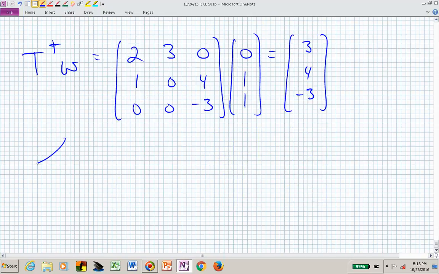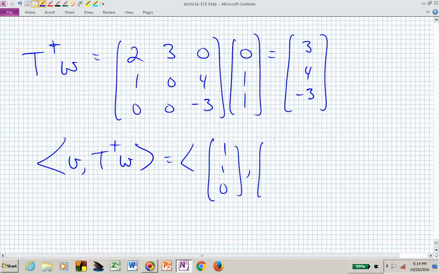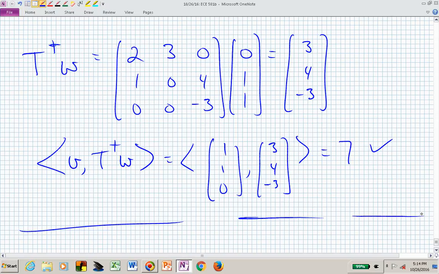And I now want to take the inner product of V with T dagger W, or I'm now taking V, which was 1, 1, 0, inner product with 3, 4, minus 3, and what do I get there? I again get 7, and that's what I wanted to show, that my definition of the adjoint, these equalities of inner products, does give me the same scalar, 7 in both cases.